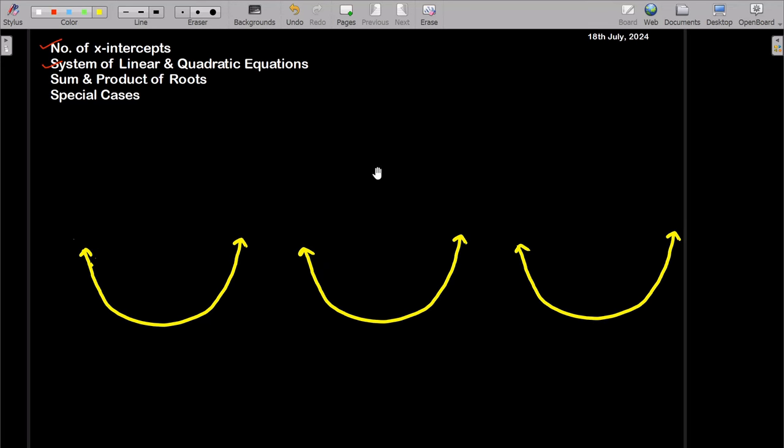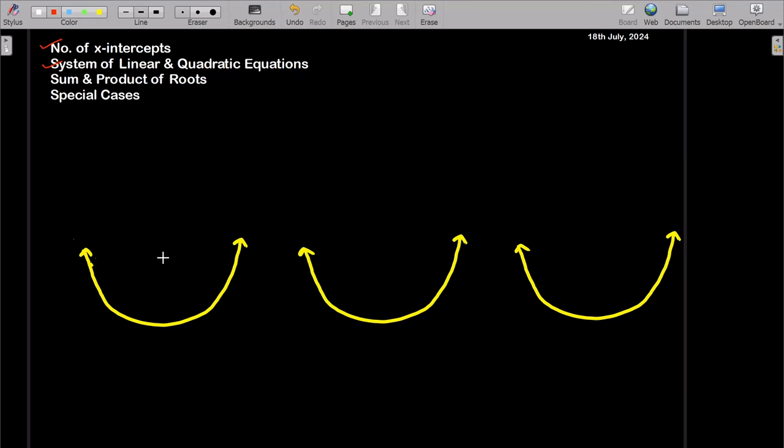Now we have to do intersection of a parabola with any random line. You will get the equation of a random line, and you will have to find out whether that line will intersect the parabola at 2 points, touch it at 1 point, or not touch it at any point.